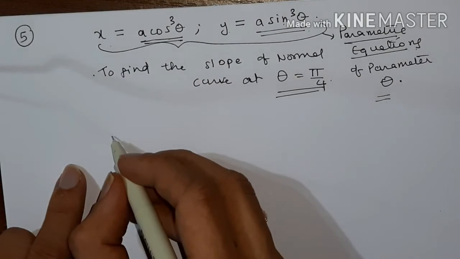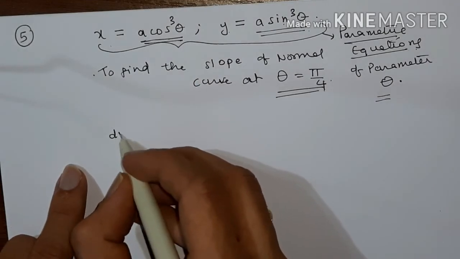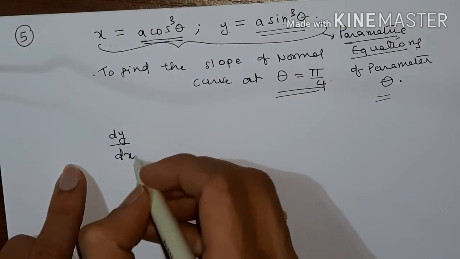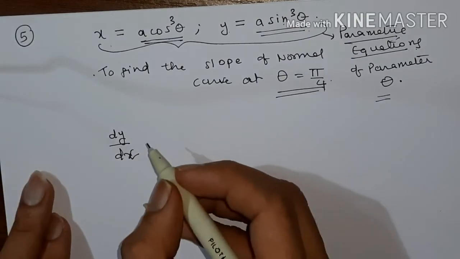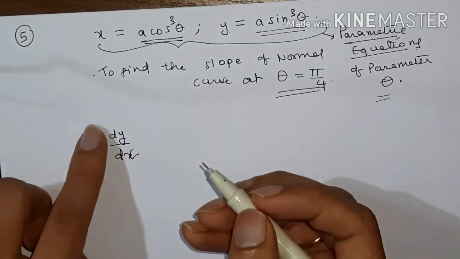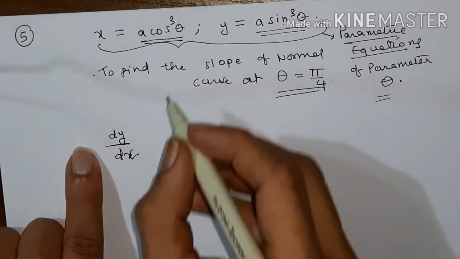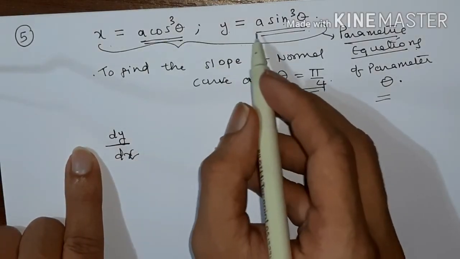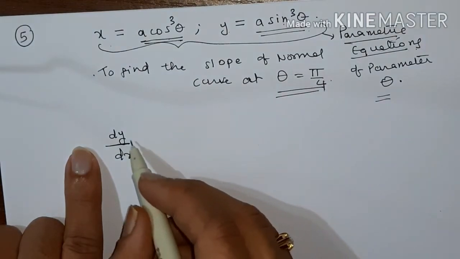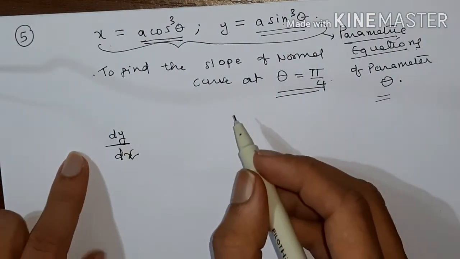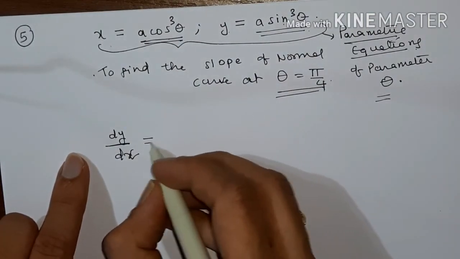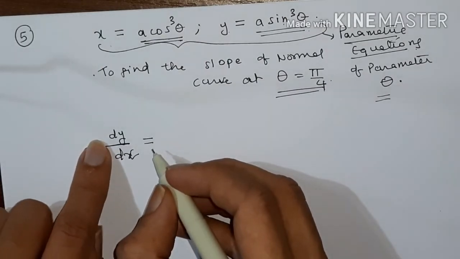For that you need dy by dx. Whenever you find the slope of the tangent, you find dy by dx first. But here you cannot directly find dy by dx, because y is not given in terms of x. So first we have to use the chain rule.